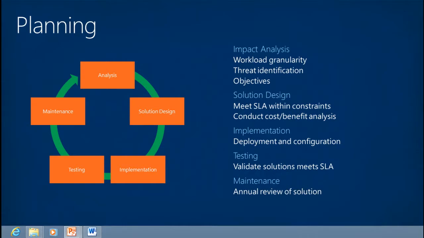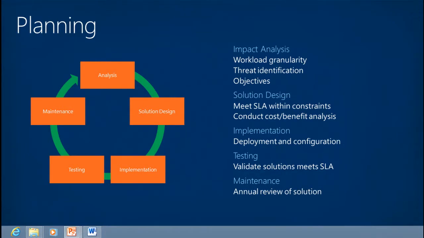You move on from there to solution design, which is basically, can I meet my SLA? That's where you start becoming realistic about what you can actually do from a nines perspective. And then you do your cost-benefit analysis. Could I theoretically do 5 nines if I do X, X, and X, but it's going to cost me $5 million, versus doing 4 nines where I can incur acceptable downtime at significantly less cost?